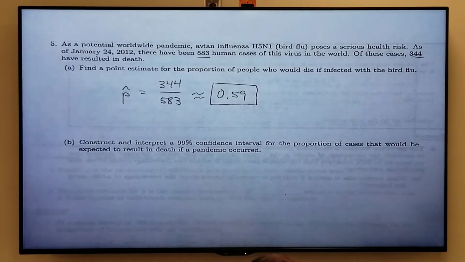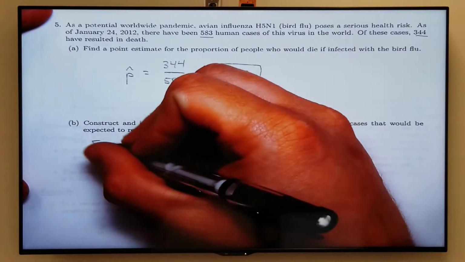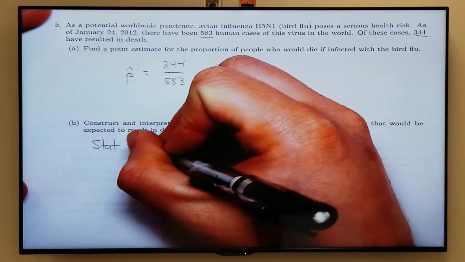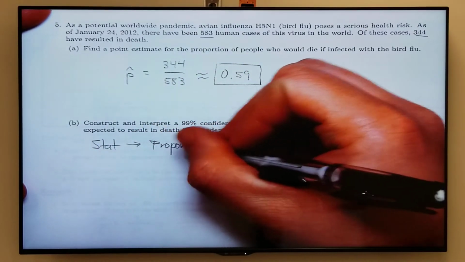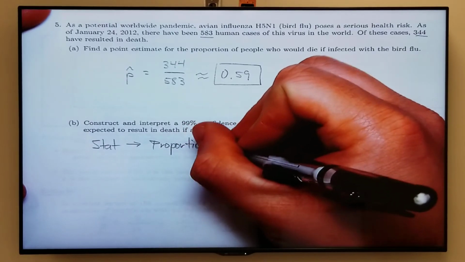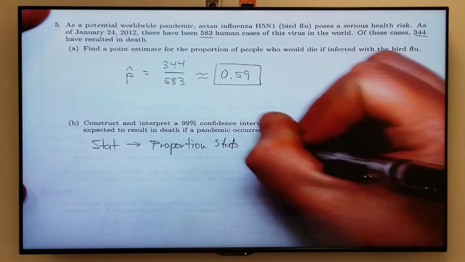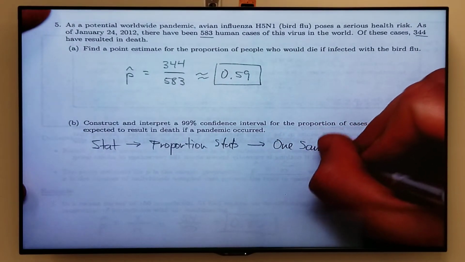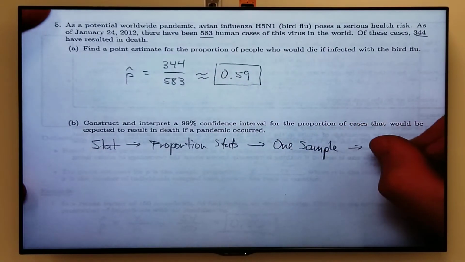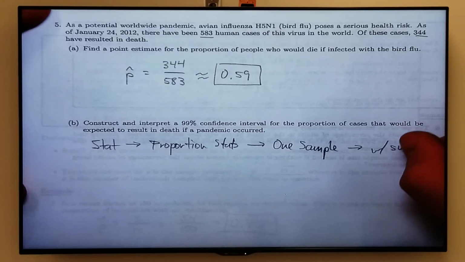So let's do this in StatCrunch. We're going to go to Stat, Proportion Stats, One sample with summary.